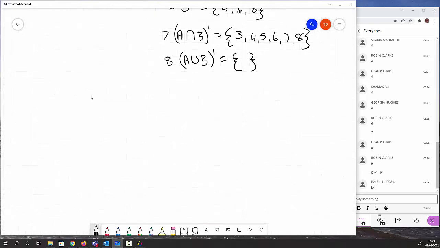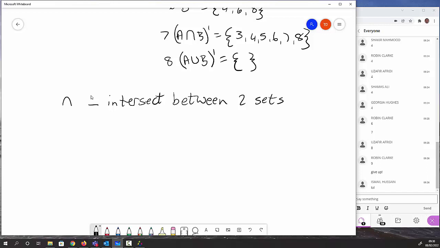So we've got this character which is called cap, and this means the intersect of two sets. And the reason I say 2 sets, it could be more than 2 sets, but you take 2 sets at a time.